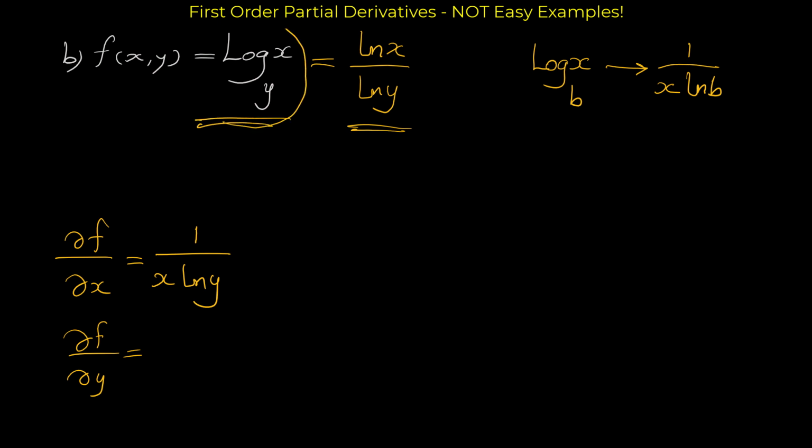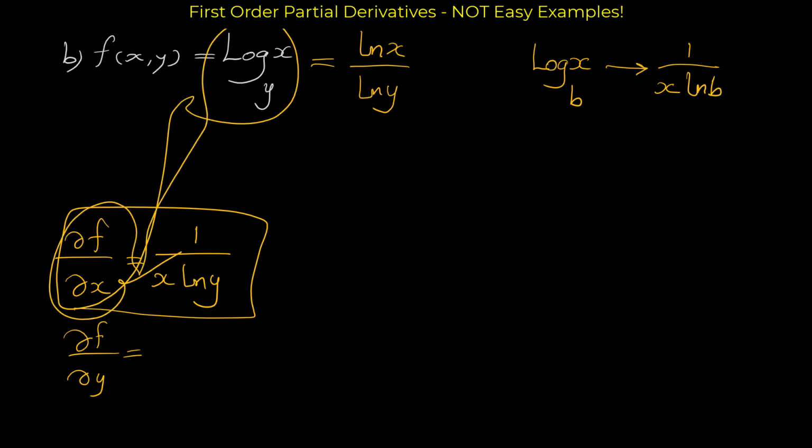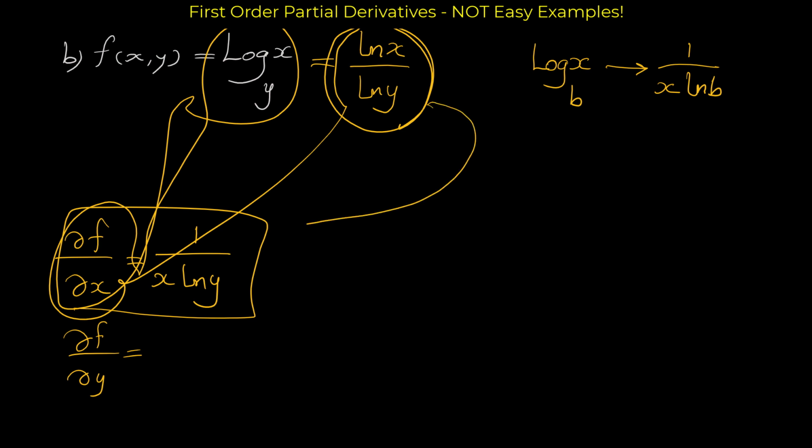So instead of taking the derivative of this, we can take the derivative of this, because we know how to do it, but for this we don't have any formula. And of course, for finding the partial derivative of f with respect to x, you can also take the derivative of this with respect to x, and the answer would be the same.